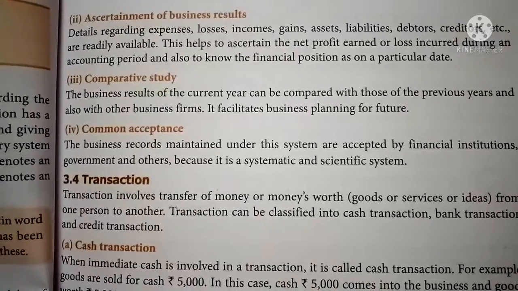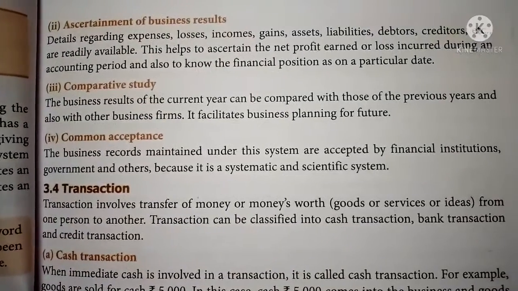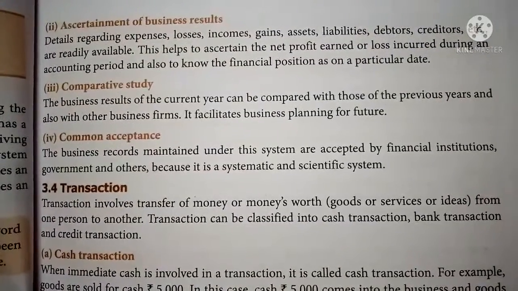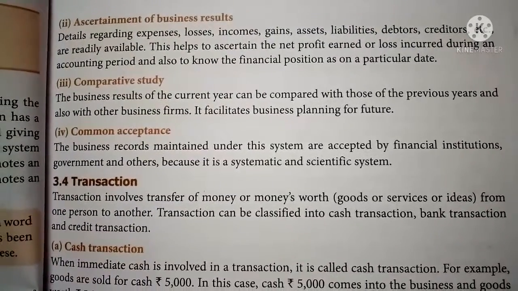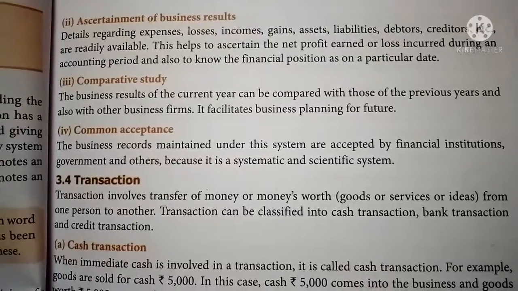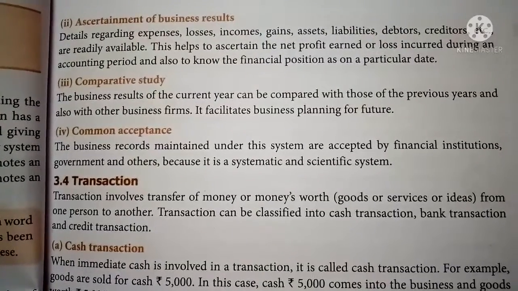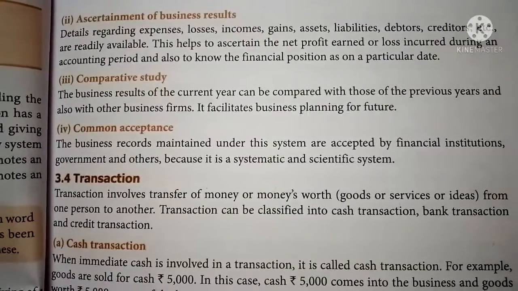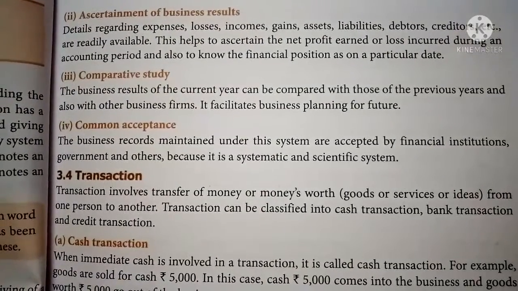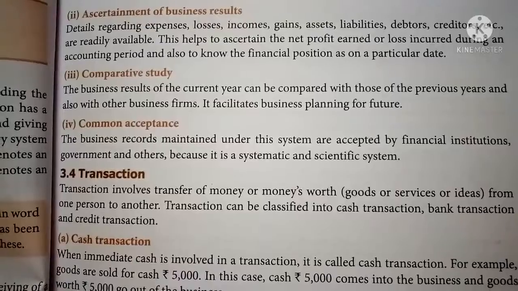So all the users, whether financial institutions, banks, government and others, can accept the accounts easily because they are maintained under the double entry system of bookkeeping. So the accounts are accurate and correct.